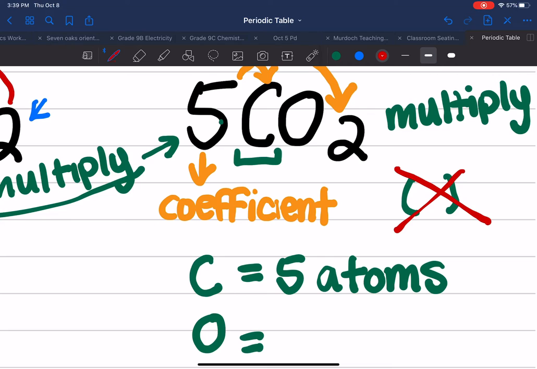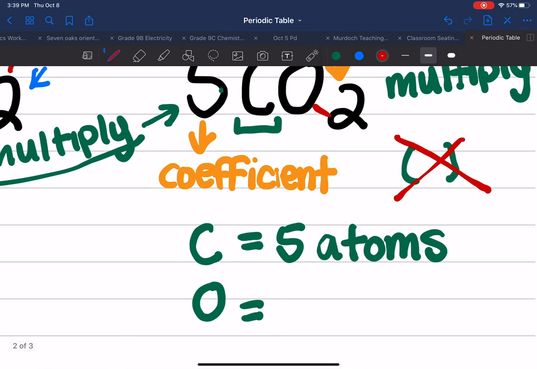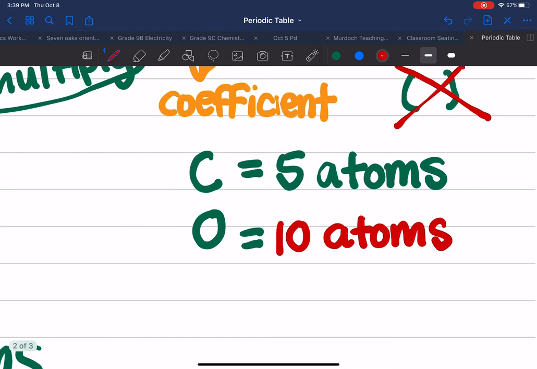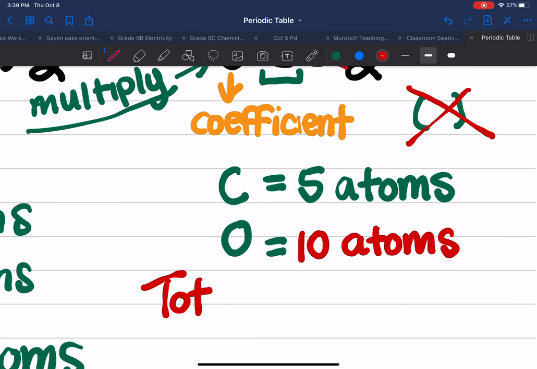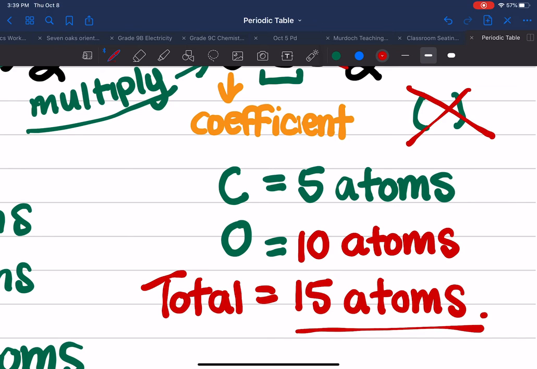Therefore, the 2 only applies to the oxygen. So 5 multiplied by the 2, you would get a total of 10 atoms of oxygen. Now, what is the total atom count of the entire molecule? Well, 5 plus 10, we get 15 atoms. So that's your answer there.